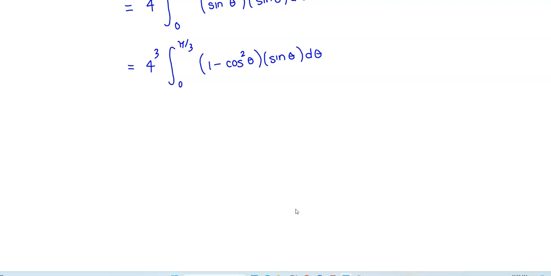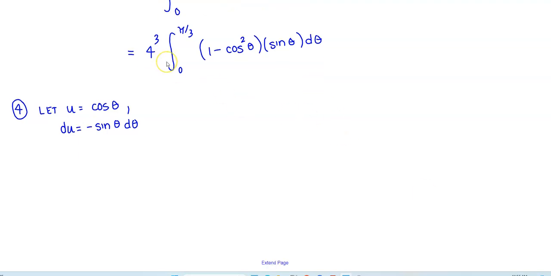So now we need to do another substitution. So we're going to do our u substitution. For this integral here, we're going to let u equal the cosine of theta, and we're going to let du equal negative sine theta d theta.